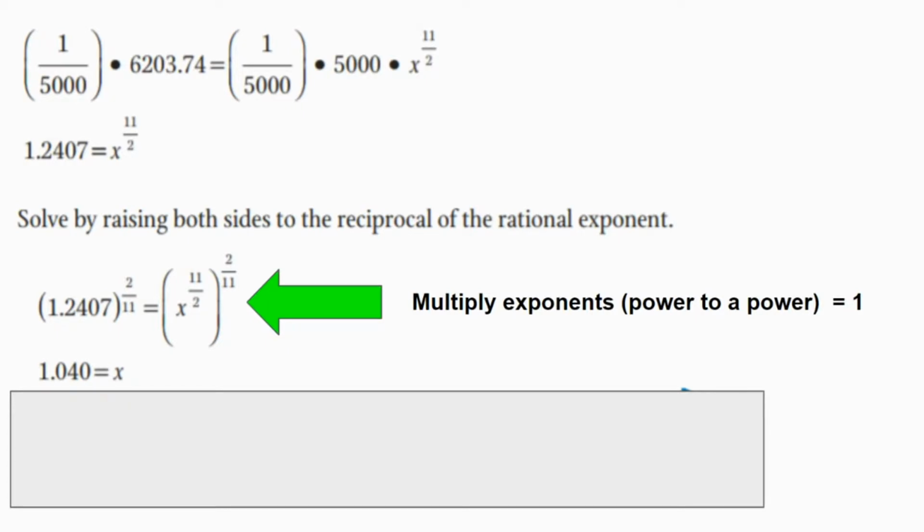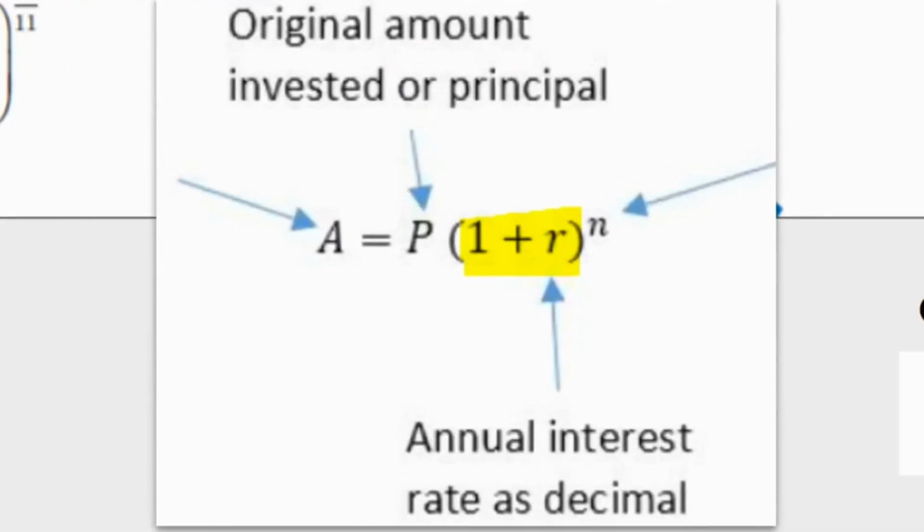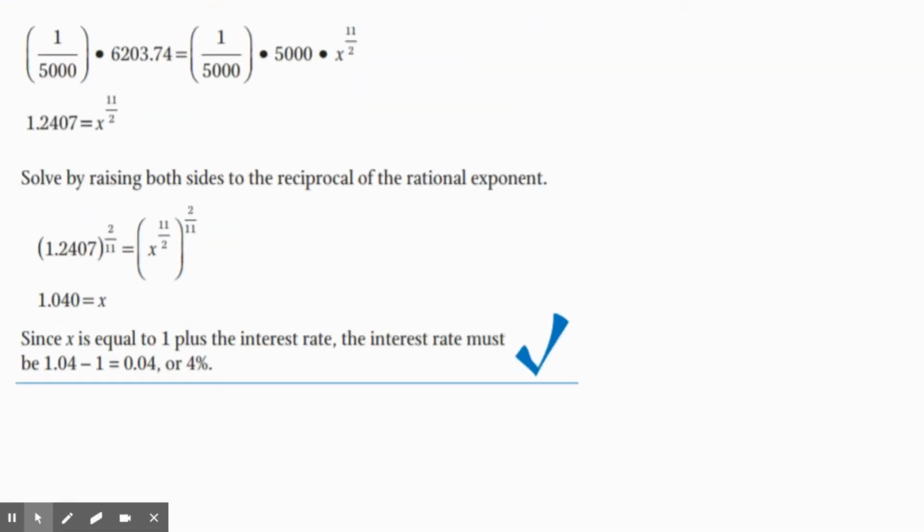And that will get x all by itself. Now remember, the question asks for the interest rate. And my answer for x is 1.040. But I've got to not think about the 1. They just want the r. So really the interest rate is 4%, that 0.04 that's next to the 1.